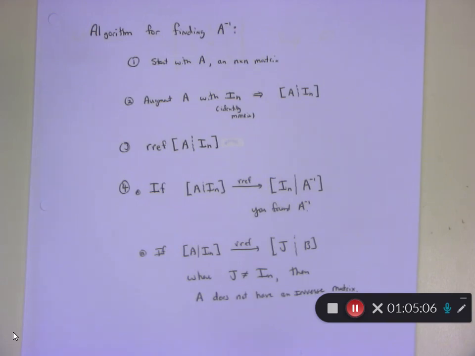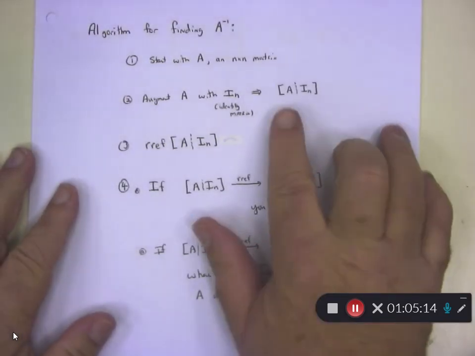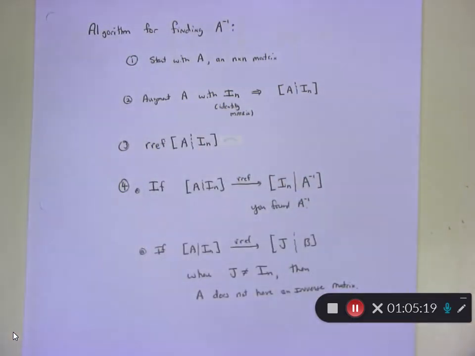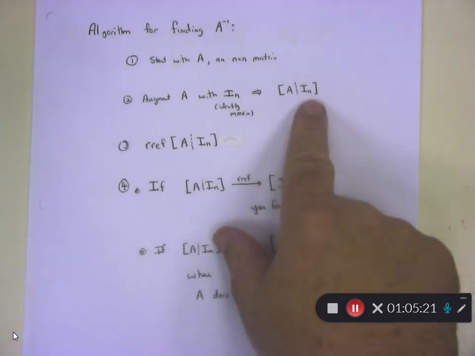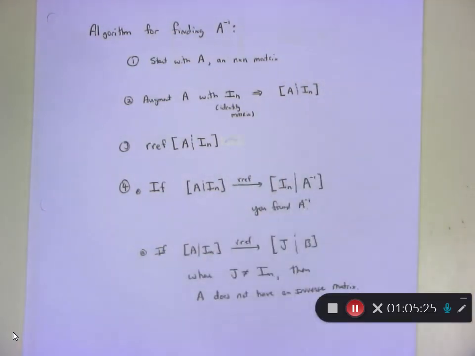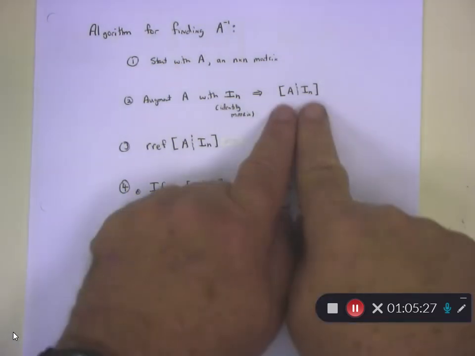Pay attention to this because this is that idea of computers and storage and memory. To find the inverse, you take A and augment it with its equivalent identity. So if this A is n by n, augment it with the n by n identity.